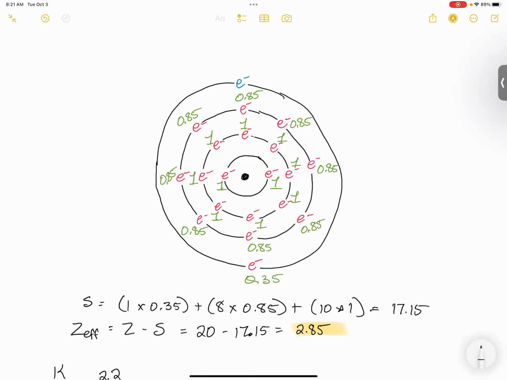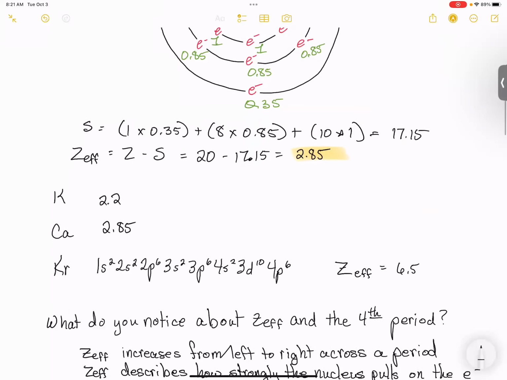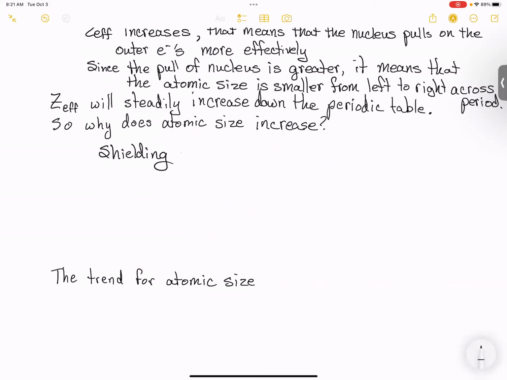So, because we are adding on additional shells, atomic size increases due to shielding.